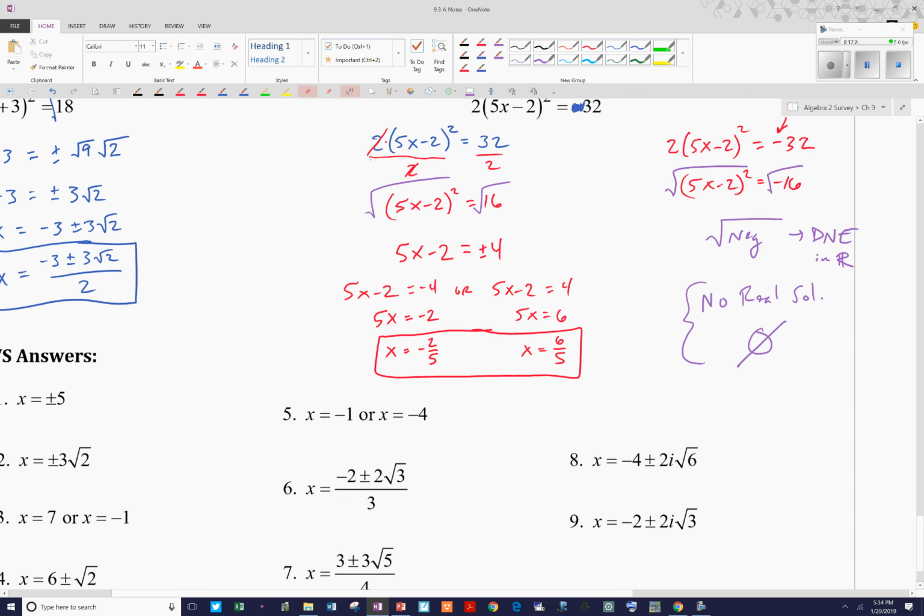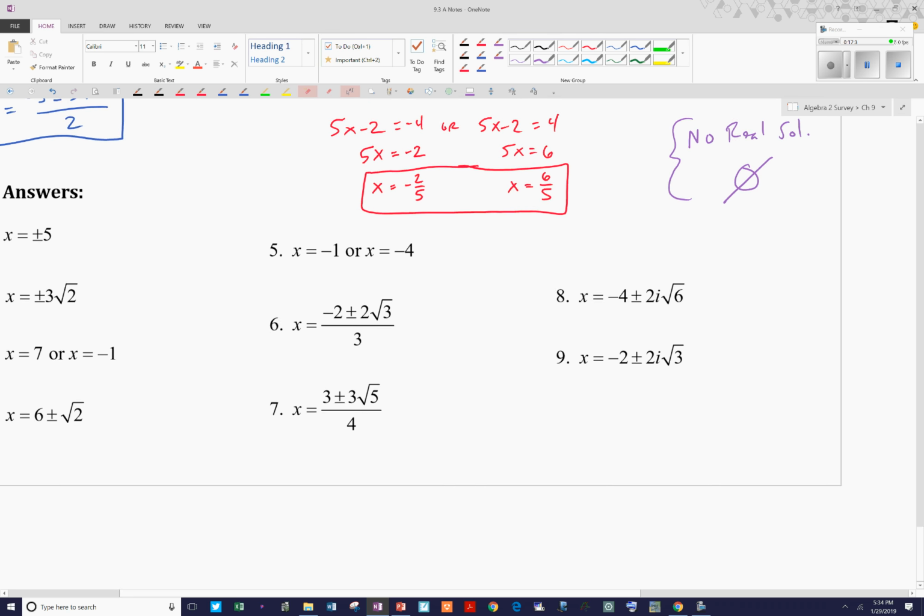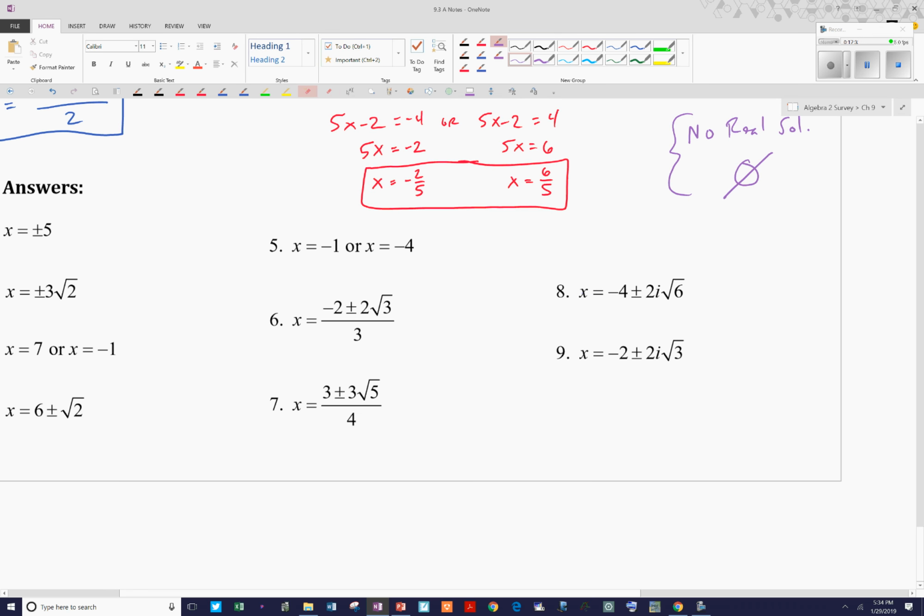What I want you to notice is I put the answers for the worksheet right down here, that 9.3a worksheet. There's two problems where you're going to end up having no solution. They're the last two problems. What you can do is ignore these answers that I have here, and just know that both of those answers are no real solution. In 8 and 9, you will end up taking the square root of a negative at some point.